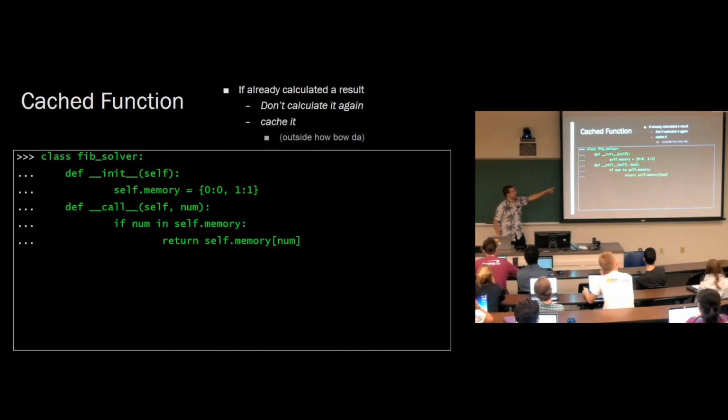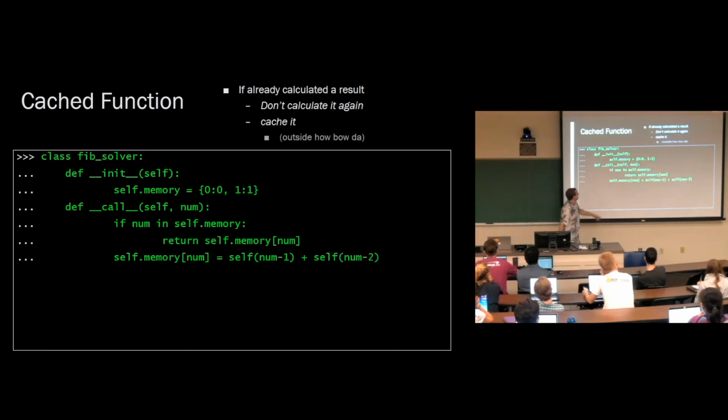So this is the caching here. And then otherwise, set the memory at num to be the definition of the Fibonacci sequence. So it might look like we're actually doing the same amount of work here because we're still recursing twice for every iteration. But because we're saving intermediary results, this is going to be linear runtime.